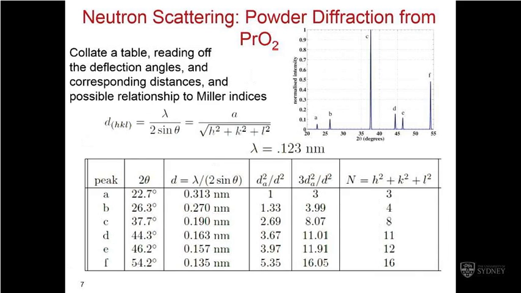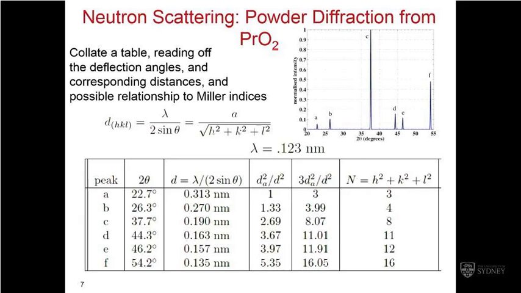Yes. I mean, at the moment, all we know is that these peaks correspond to scattering from some planes, okay? So we are just saying that, okay, A must be the largest interplanar spacing, okay? So the lowest angle that we are getting.